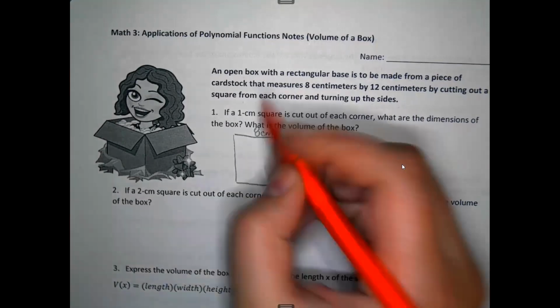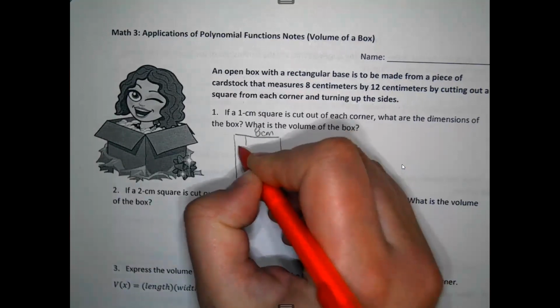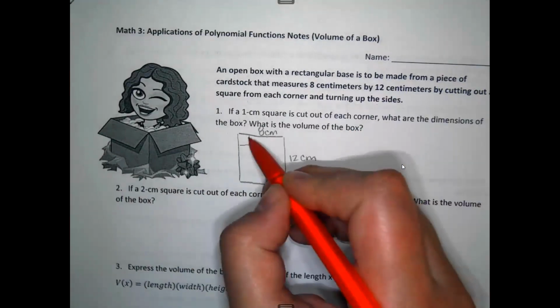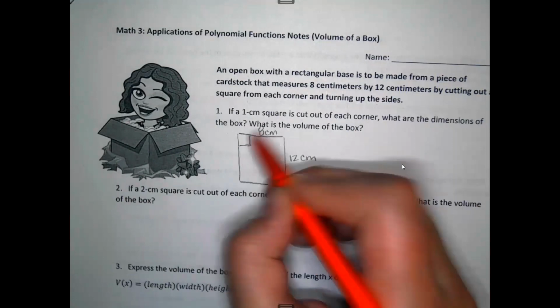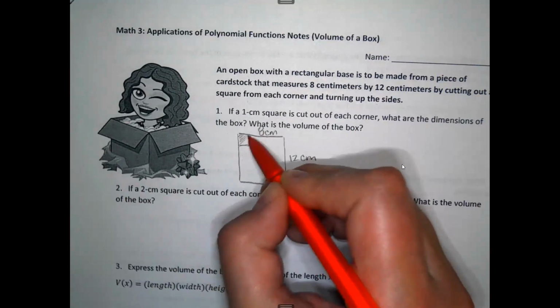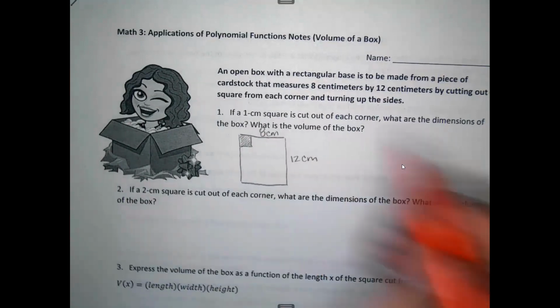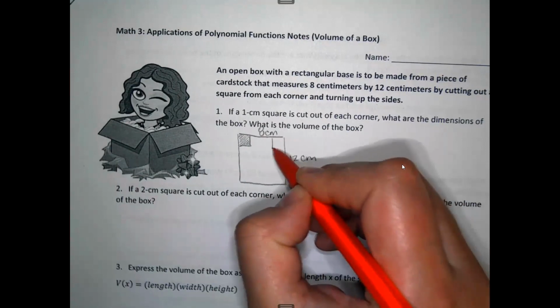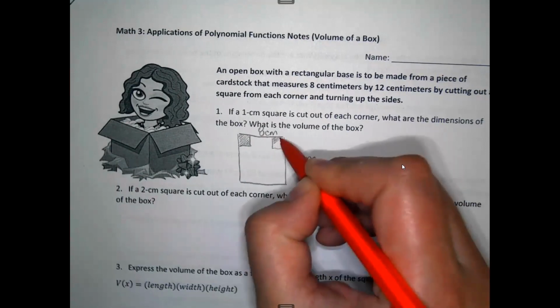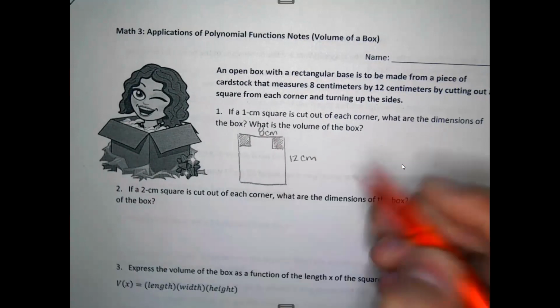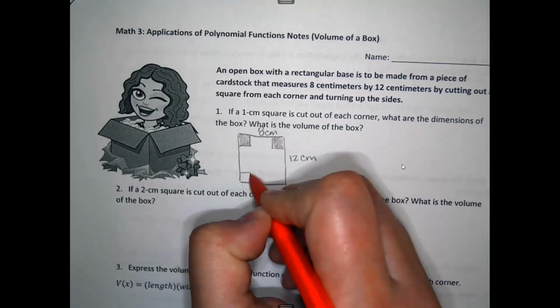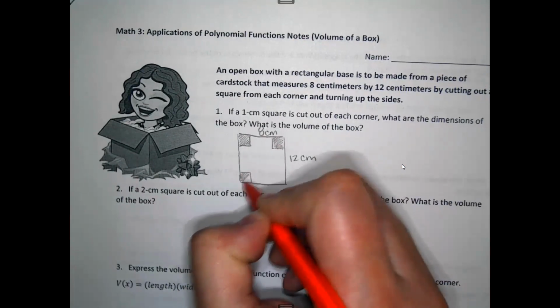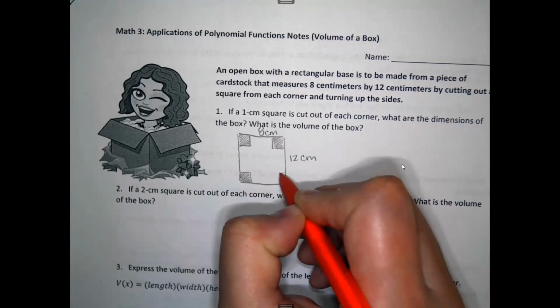So what we're going to do is we're going to draw, okay? We're going to say, okay, you cut out a 1 centimeter by 1 centimeter square, and then you threw that part away. You got rid of it. You cut out a 1 centimeter by 1 centimeter square, and you threw that part away. Cut it out, threw it away.